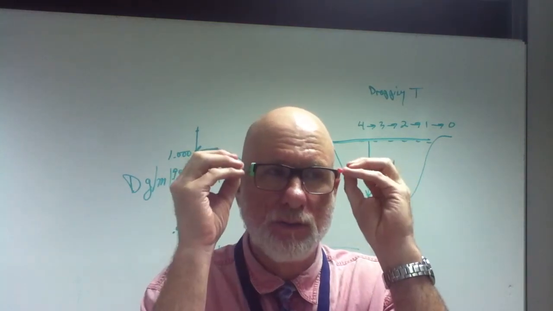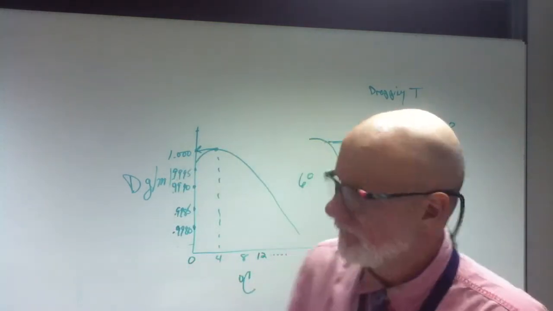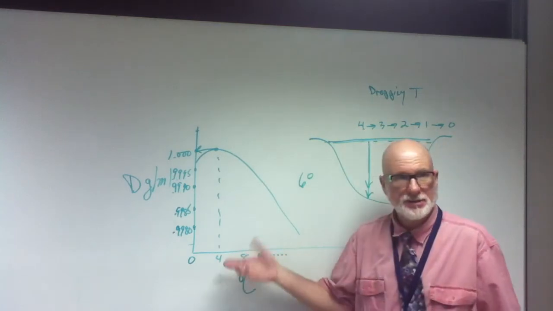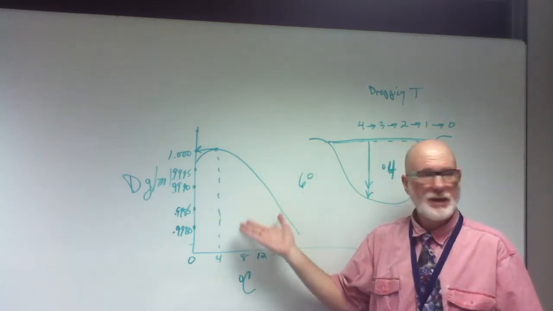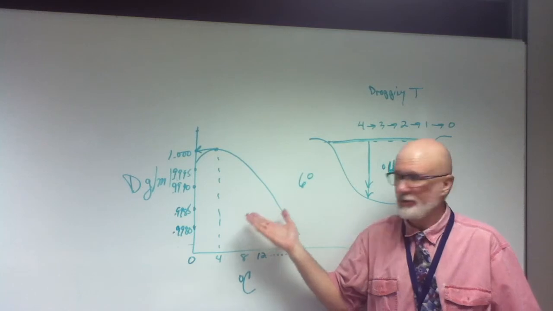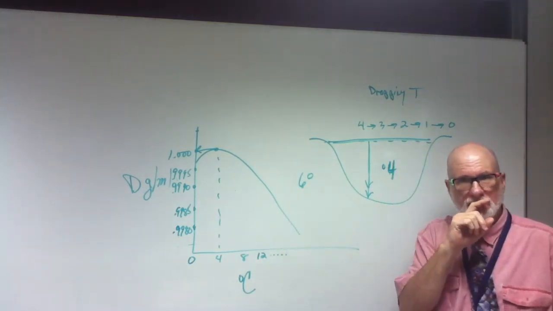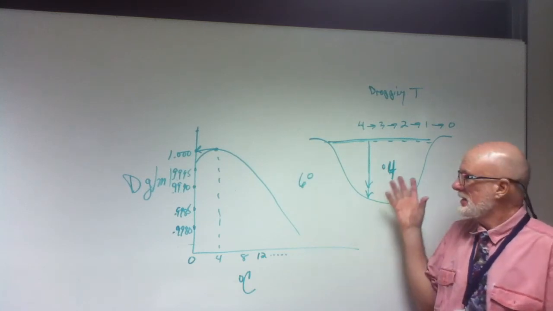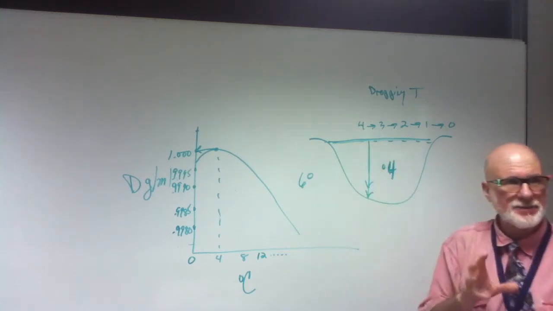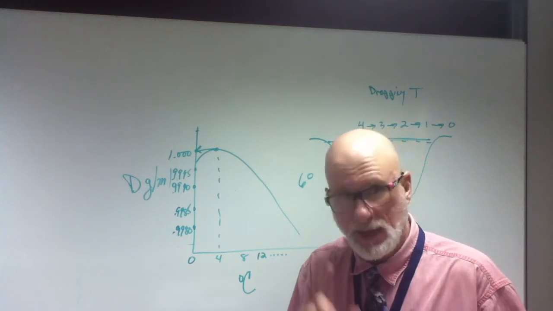So water is most dense at 4 degrees Celsius. Simple. Be able to read that graph. And the reason Lake Tahoe never freezes is, do you see how the entire lake has to be 4 degrees? The entire lake.